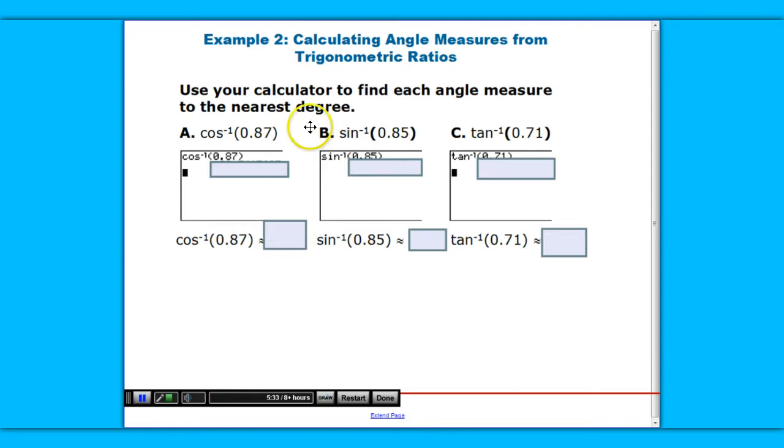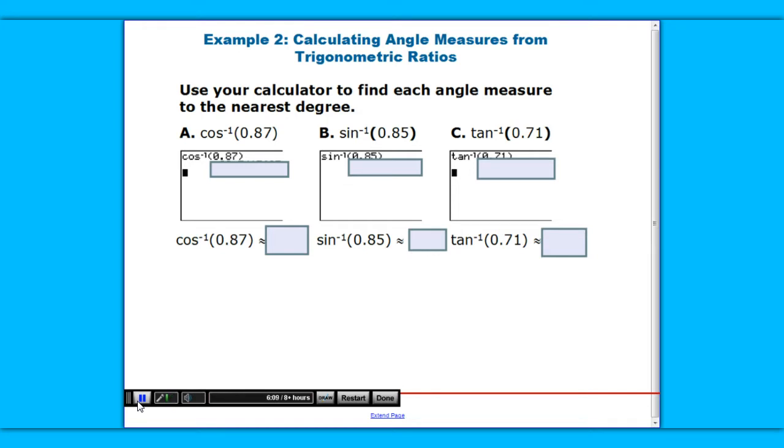So we can do this with our calculator, and you definitely want to do it with your calculator. The other way to do it would be with a table, which you can find at the back of your book. But you're going to be using your calculator, so let's find the angle measures for the given trigonometric ratios here. To use the inverse function, on our TI-30 X2S calculators, and on most calculators, you find the sine, cosine, and tangent buttons, right?